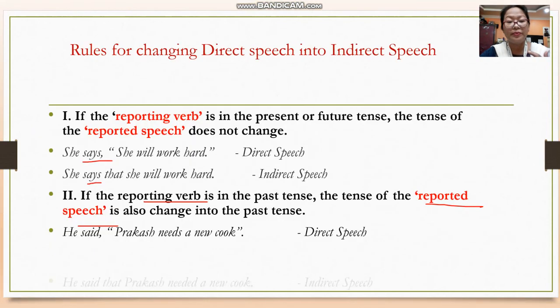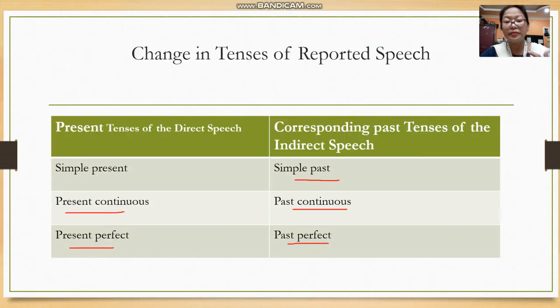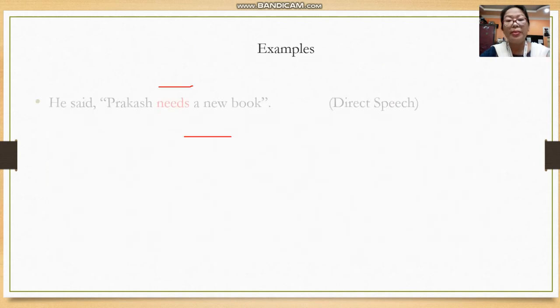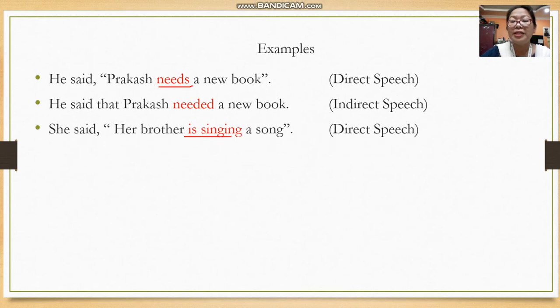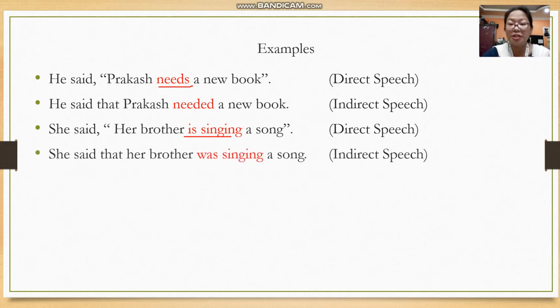In this, you see, it is in present continuous, isn't it? Then what will it become? This is the speech inside the reporting speech, okay? He said, "Her brother is singing a song." In indirect speech, it will become, he said that her brother was singing a song.